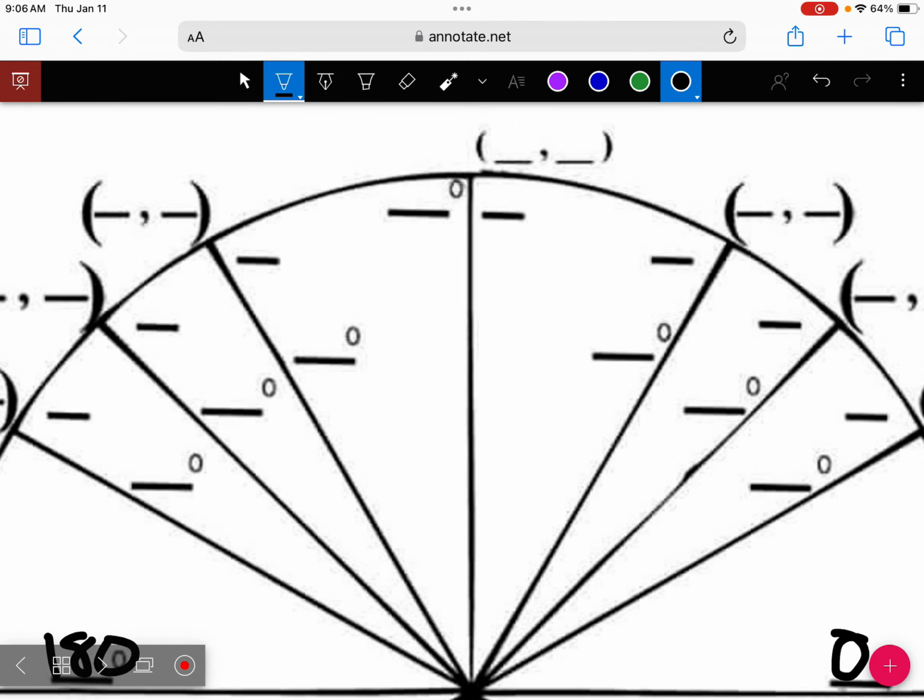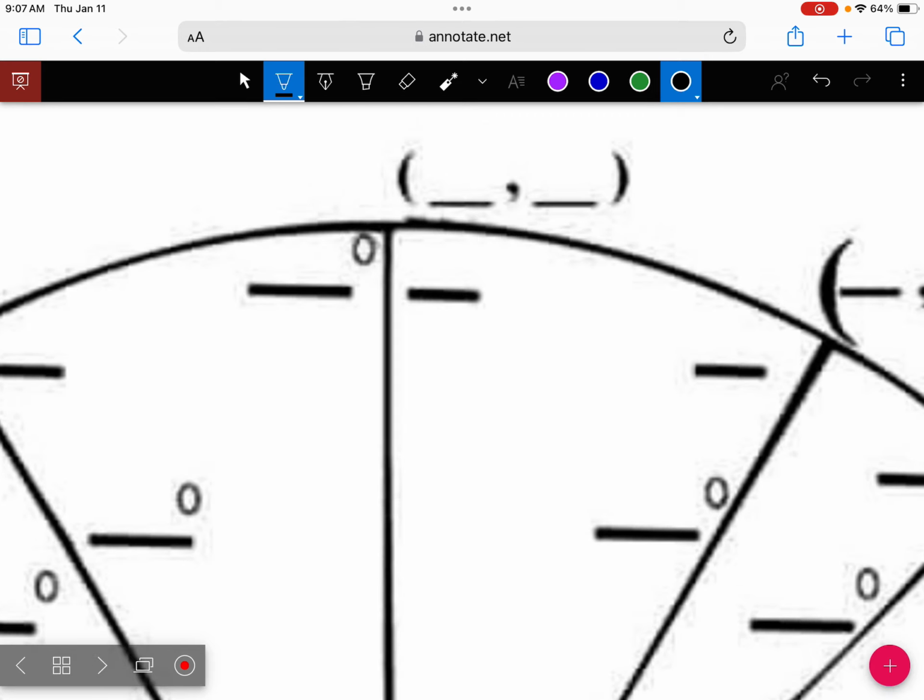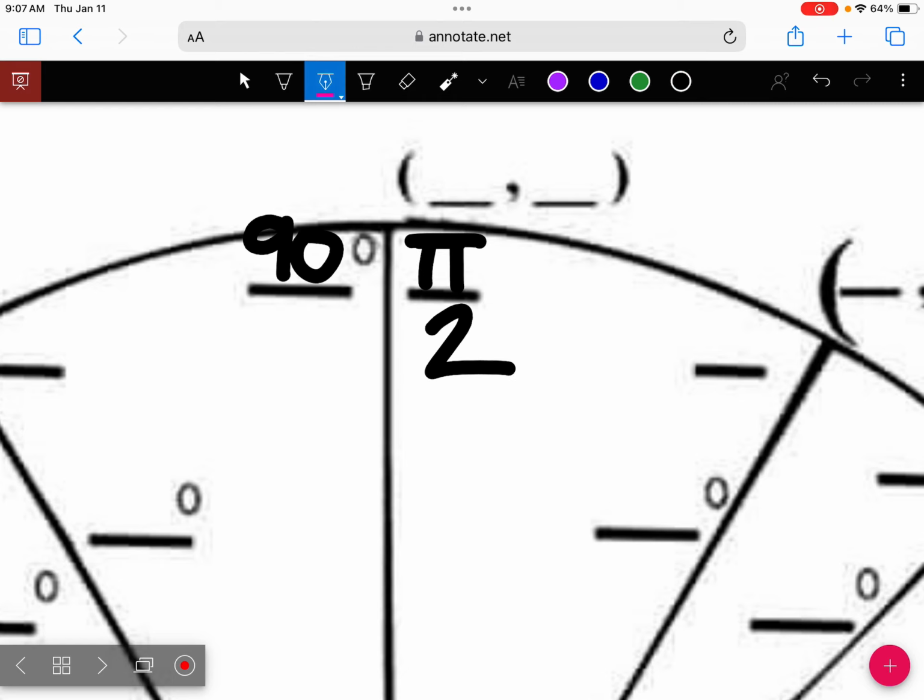All right, we've also talked about our 90 degrees before, where this one's our 90 degrees and this is our pi over 2. Oh, that's why that's so chunky. I'm using the wrong pen. Why is this not fitting on the lines? Still not fitting, but that's okay. Pi over 2.